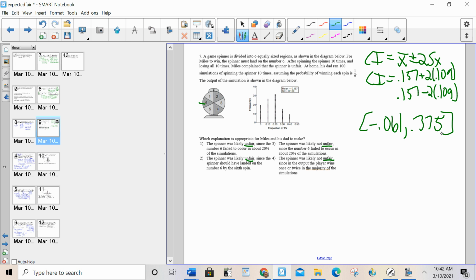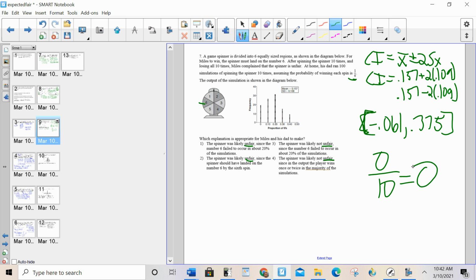Is this the confidence interval for Miles' spinner or a fair spinner? It says, assuming the probability of winning each spin is 1 over 6. So basically, this is saying for a fair spinner, this is my range of expected values of getting a 6. Miles got 0 out of 10, which is 0.